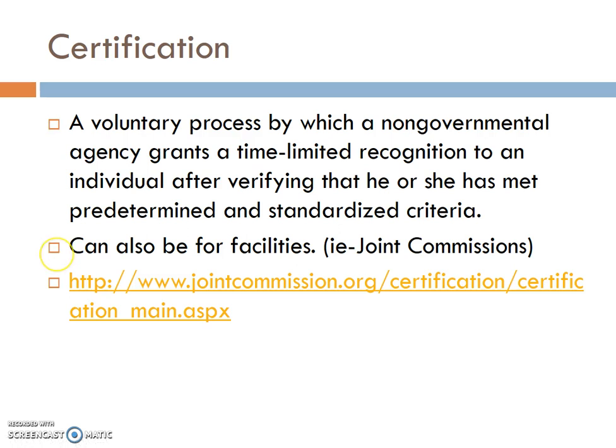Now, when we're talking about joint commissions in this module, we're mostly talking about the accreditation process, which is a much more involved process for your entire facility. But for example, a facility may decide to be certified in a particular area. Maybe they want to be known as a stroke center. So they're going to seek certification in their facility to be known across their region for stroke rehabilitation.